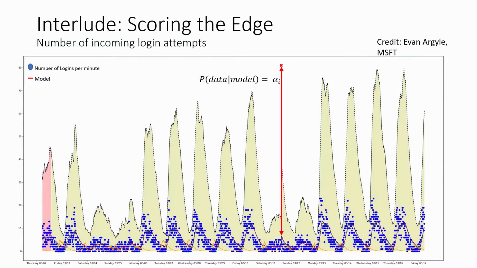The distance between the line, which is the model, and the observed blue dots, those are the number of logins we've observed, okay, is a way to understand the deviation between what we're observing and what we expect. Make sense?